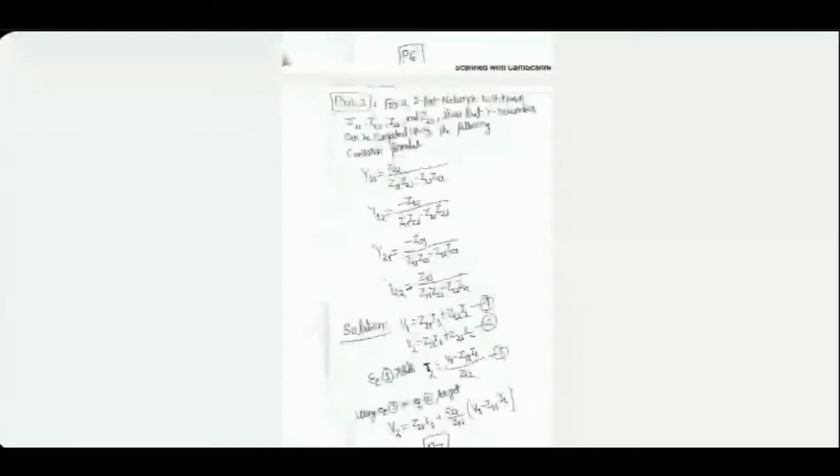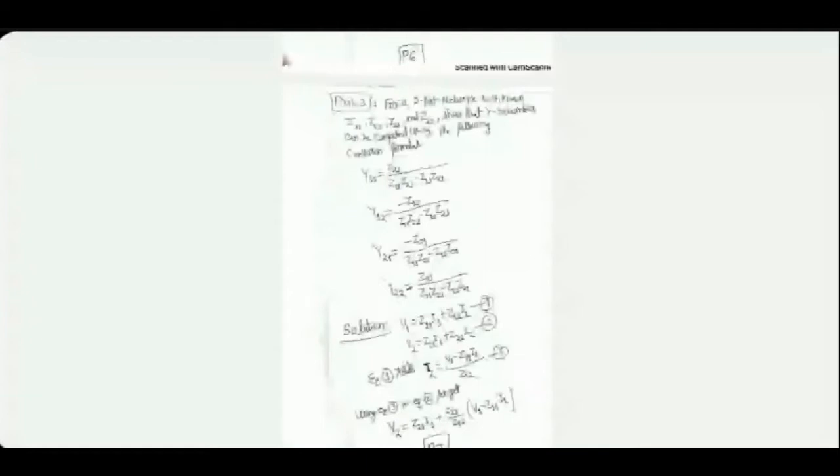This is equation 3. And I substituted that in equation 2. So I got V2 equal to Z21 I1 plus Z21 divided by Z12 multiplied by V1 minus Z11 I1. I'm sure you will be able to follow this step quite easily.